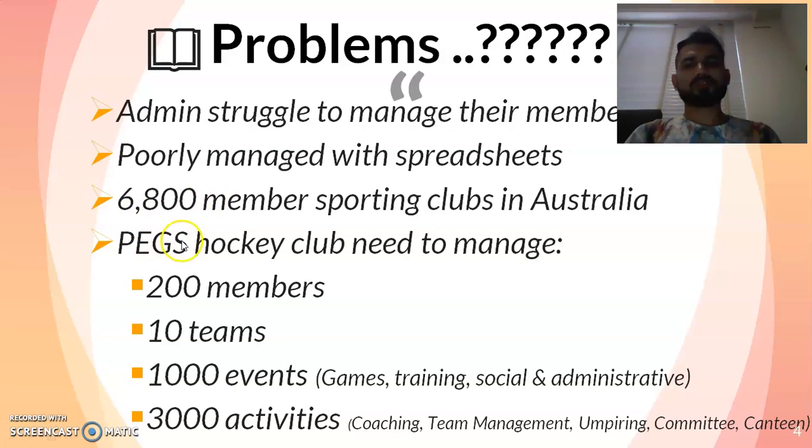PEGS Hockey Club needs to manage 200 members, 10 teams, 1000 events such as games, training, social and administrative, and 3000 activities such as coaching, team management, umpiring, committee, canteen, etc. There are a total of 6,800 member sporting clubs in Australia. That's why we chose this application.